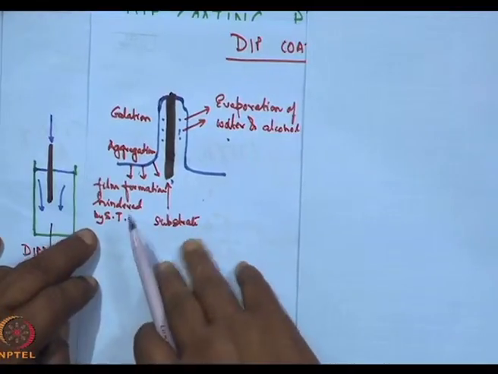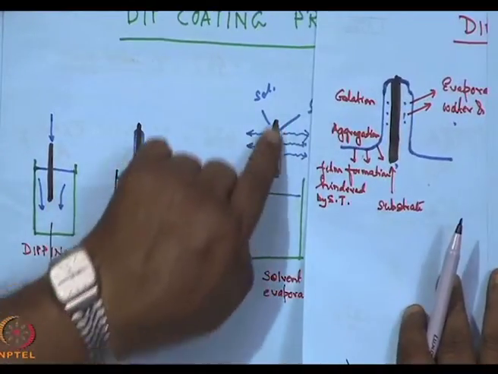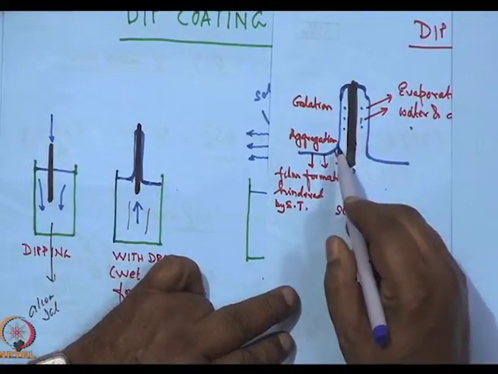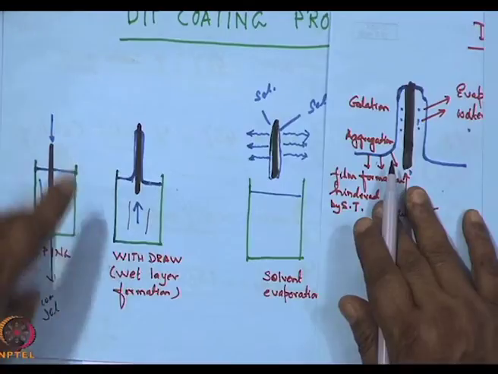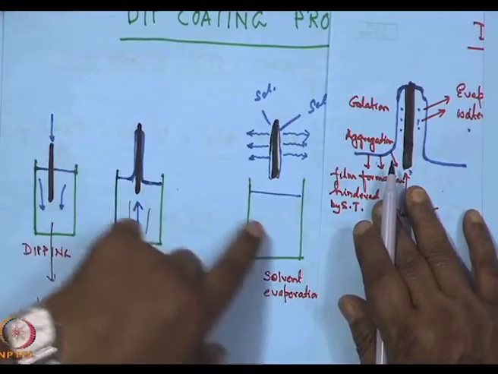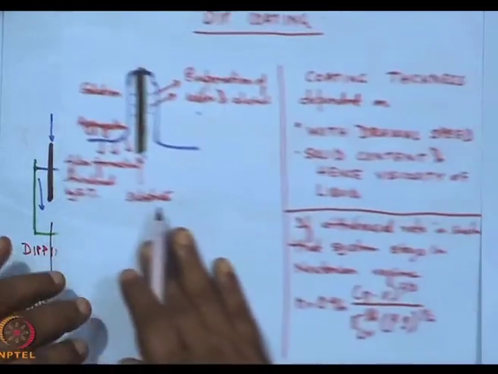So, unless I pull the whole substrate out of the liquid, I will not have a coating. I will always have this sort of aggregation. So, what we have to do is put the substrate in and then slowly pull it out till it is out of the entire liquid surface.